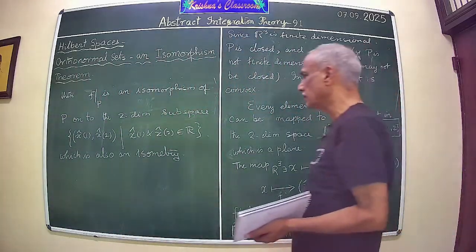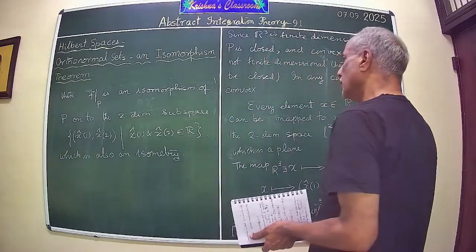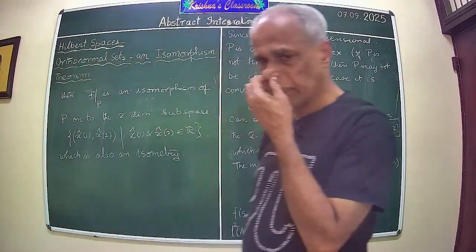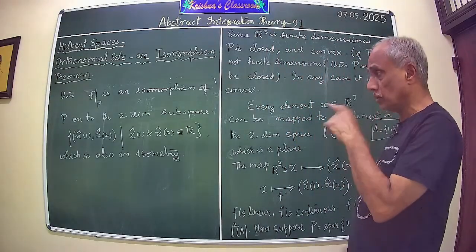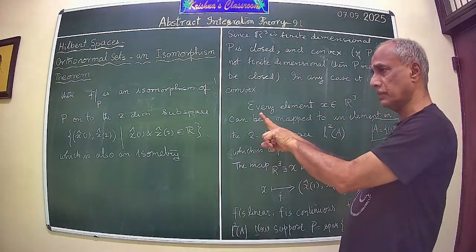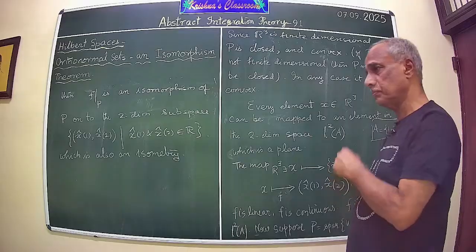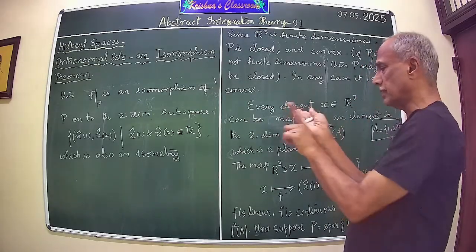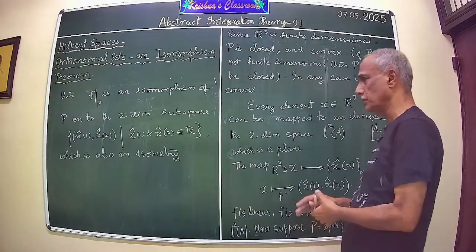Okay, so this is the scenario that you have in 3 dimensions. Suppose you take two linearly independent vectors. There is a plane passing through the origin spanned by these two, when these are orthogonal vectors, U1 and U2.